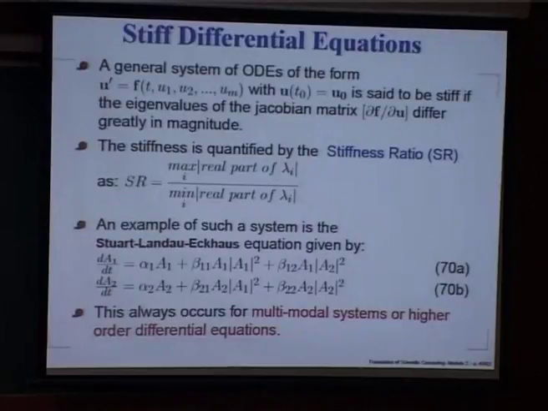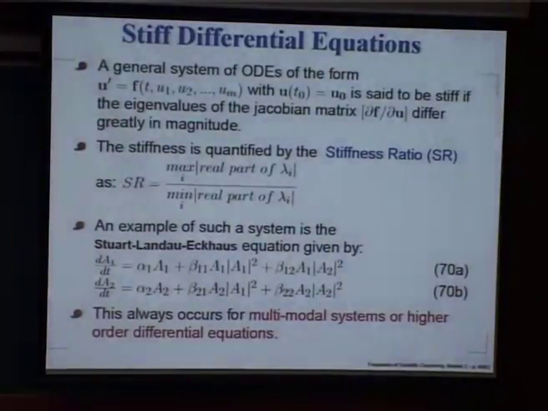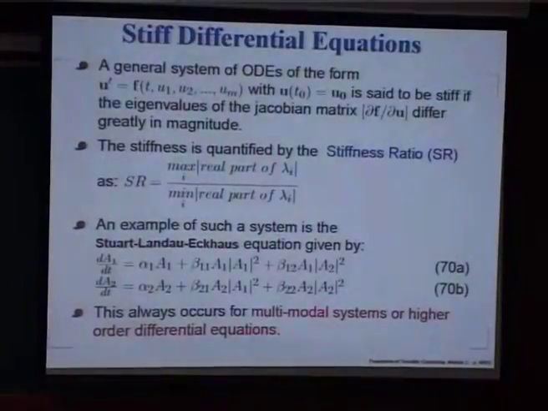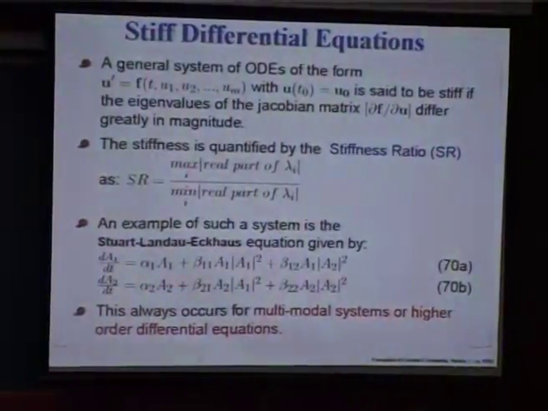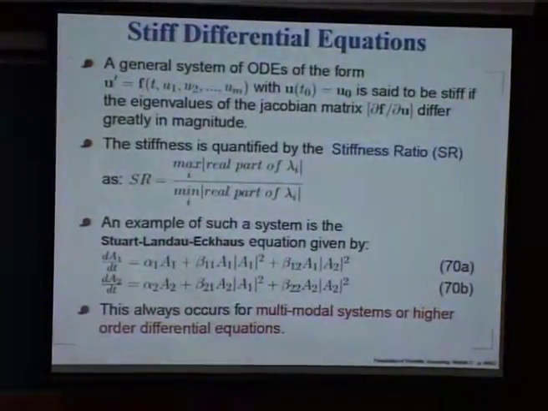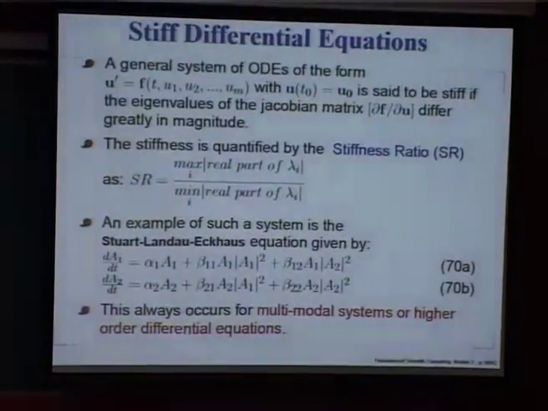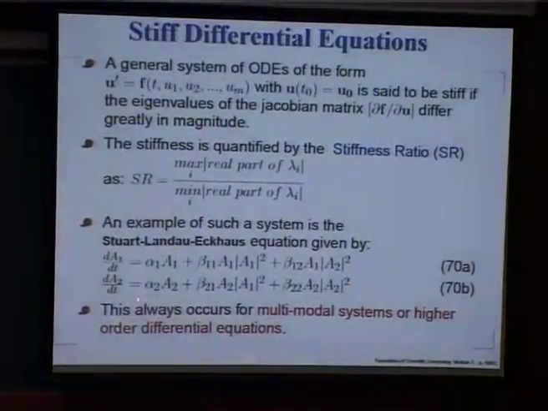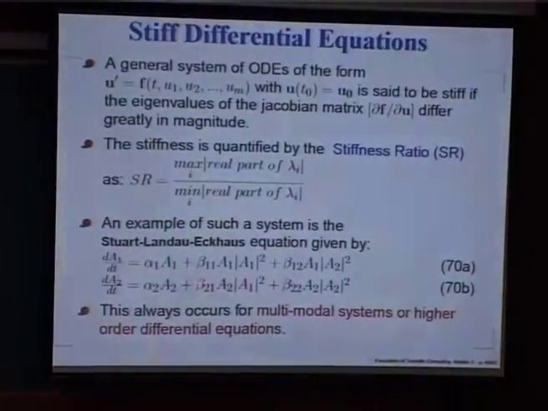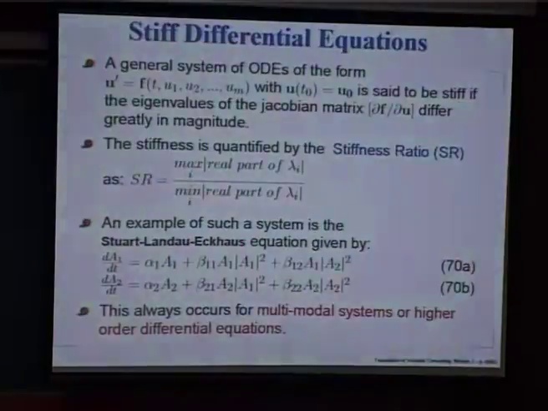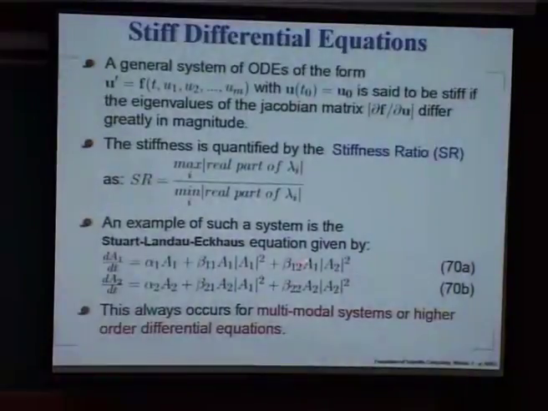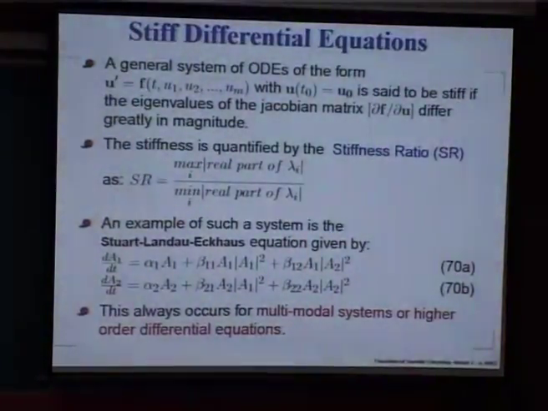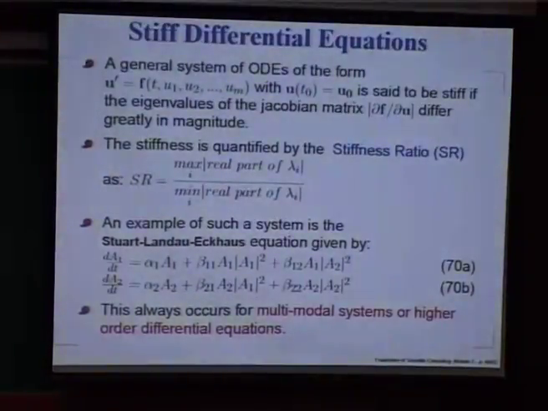The stiffness does not come about, because stiffness is associated with coupled ODEs. You have to have a multimodal system interacting with each other, or you can have higher order differential equations. You can write them down as a set of first order equations, and those would tell you whether you have a stiff system or not. If we remove these coupling terms, then it becomes somewhat simple and easy to solve.